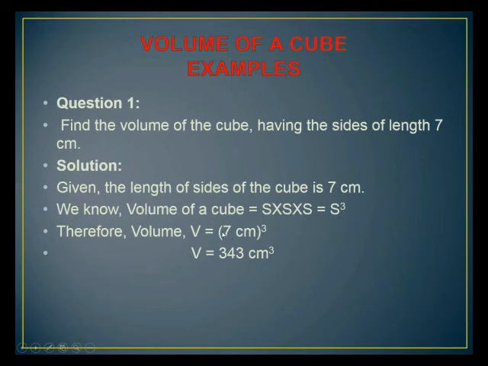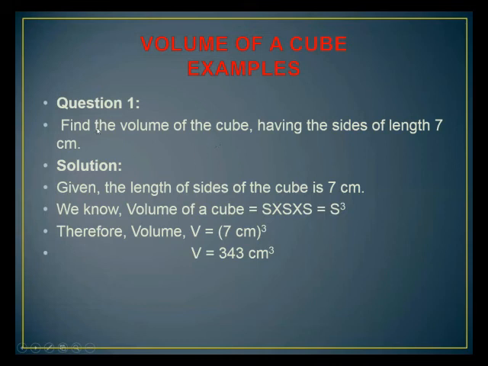So the base is 7 and its exponent is 3. And the exponent shows how many times we have to multiply the base by itself. Okay, 7 cube means we have to multiply 7 by itself 3 times, means 7 multiplied by 7 multiplied by 7, and we will get the answer of 343 centimeter cube. So that's how we get the volume of a cube.